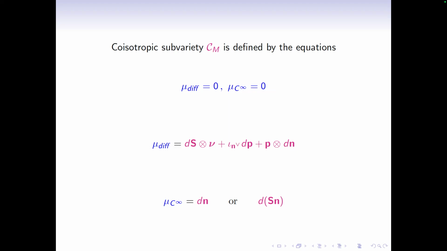And there are two ways of making this group act on PM. Diffeomorphisms act geometrically, just by pullback.